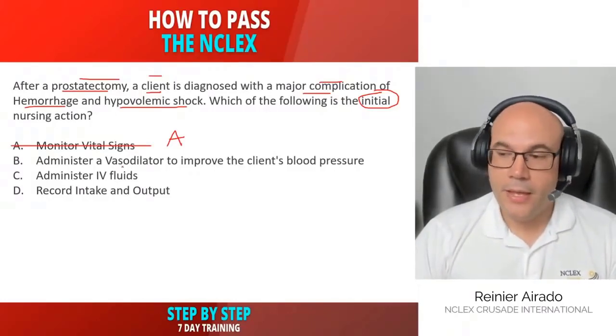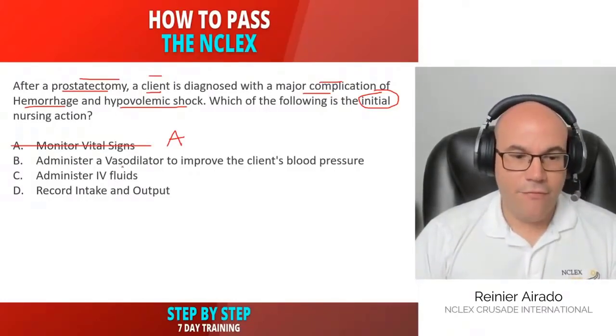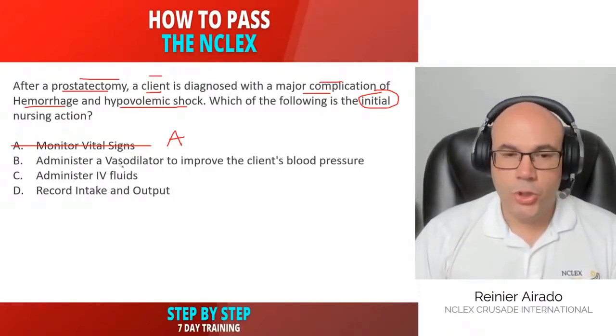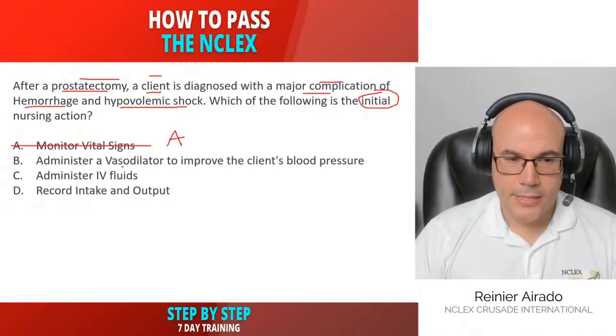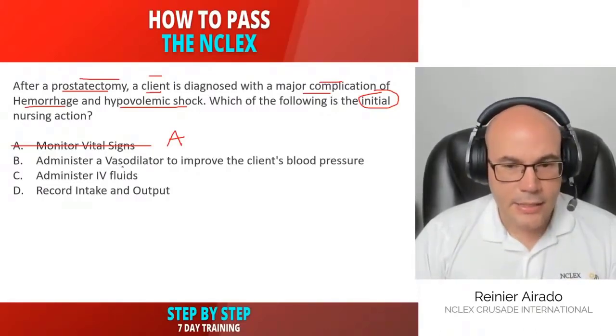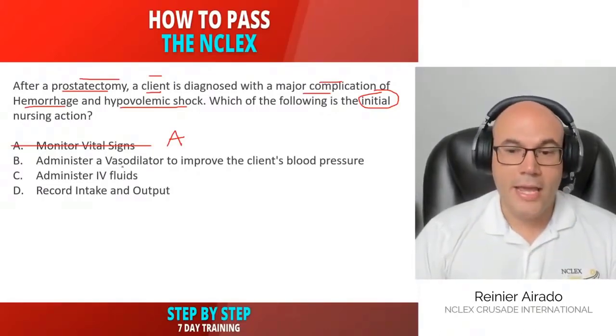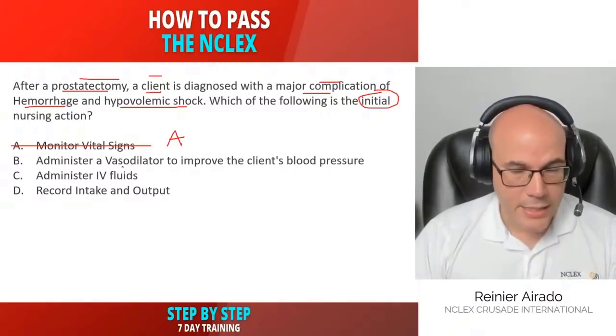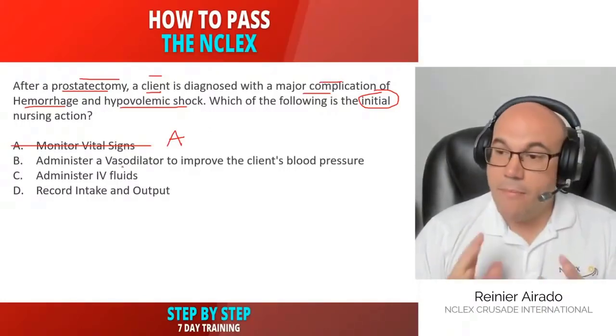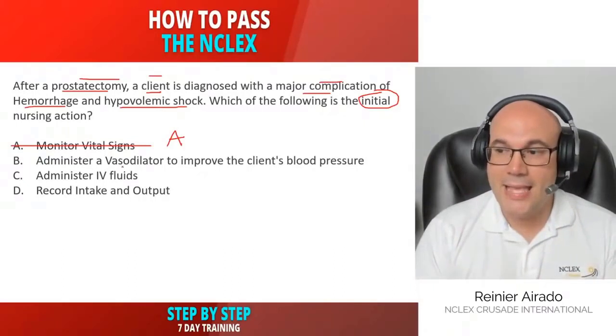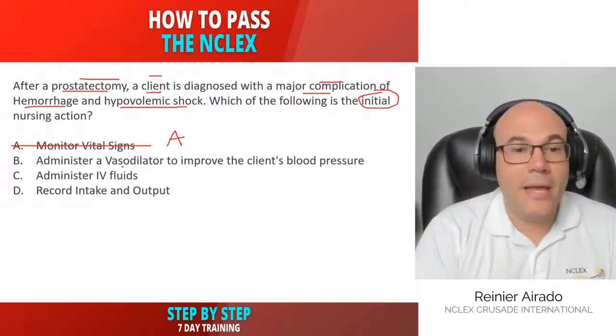For example, if I administer a vasodilator, what is that going to do to the blood pressure? Is it going to increase the blood pressure, or is it going to decrease the blood pressure? And remember that the patient is in hypovolemic shock.